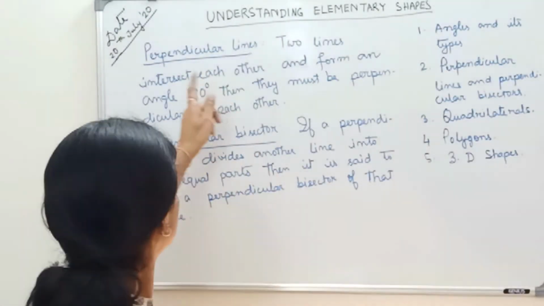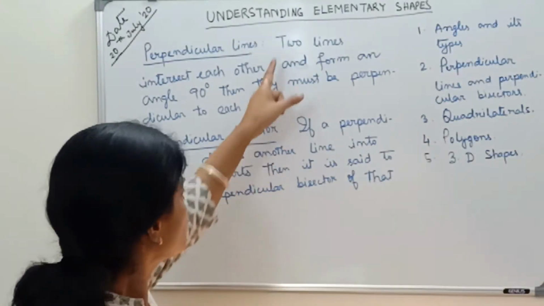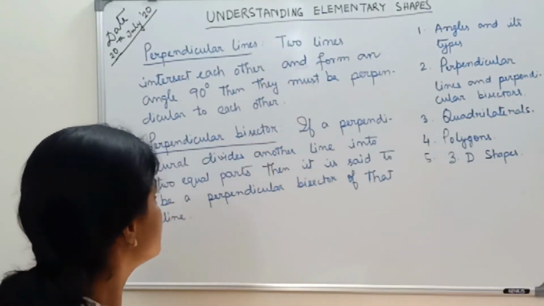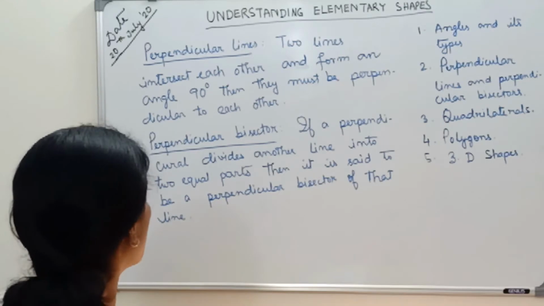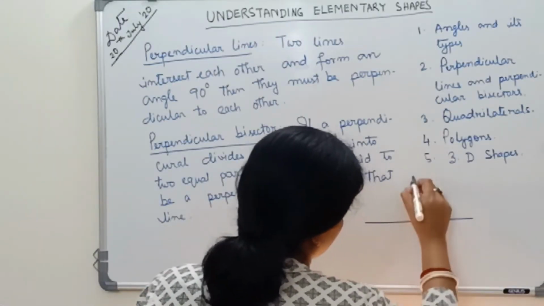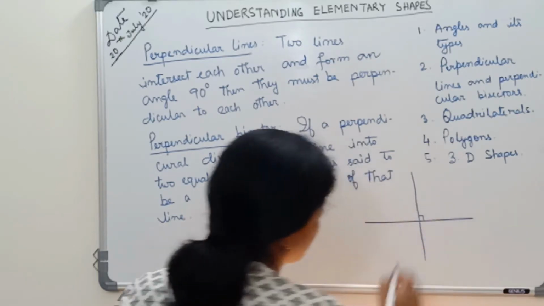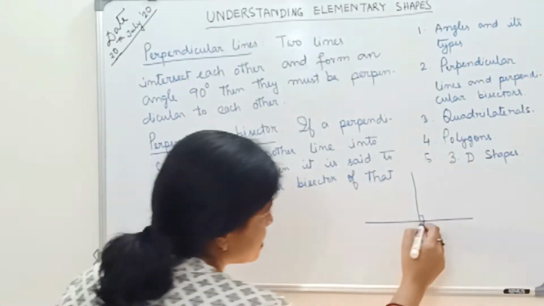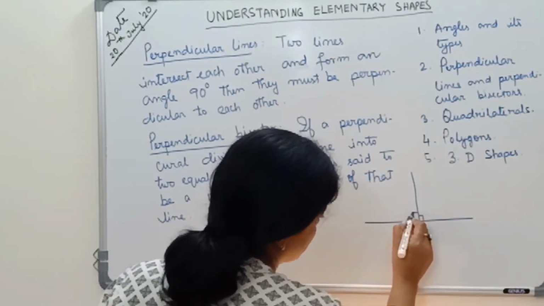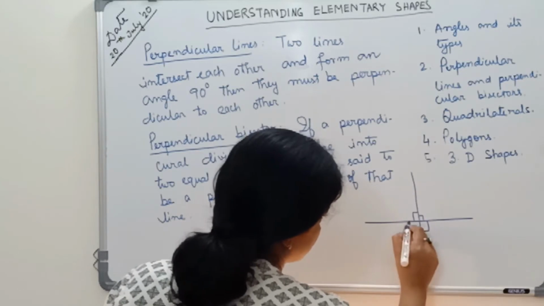Now coming to perpendicular lines and perpendicular bisectors. So what are perpendicular lines? Two lines intersect each other and form an angle of 90 degree. Then the other angles are also 90 degree, because 180 divided by 2 is 90 degree.